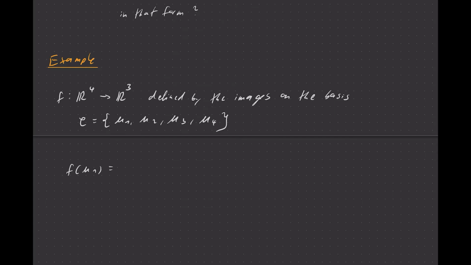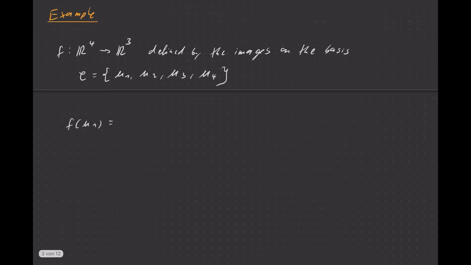Let's define that by prescribing f of u1, and the values given here are really just arbitrary values that we want the function to take on these basis vectors. The first value that we will have is (1, 0, 1). The second value, (0, 1, 2).